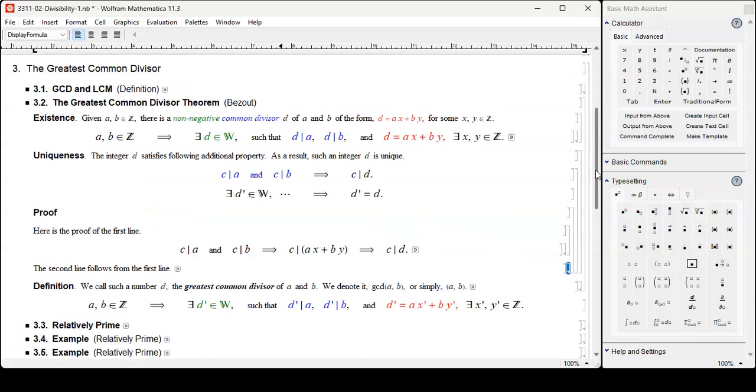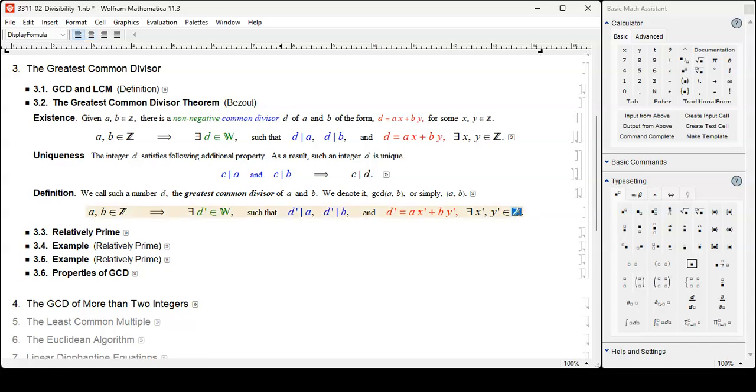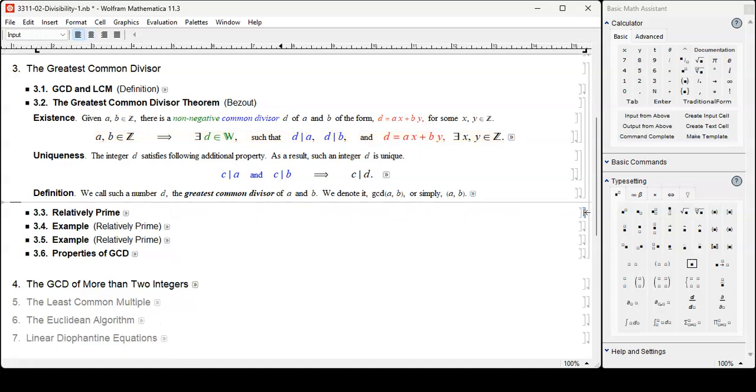So whenever you have a number that satisfies these 3 properties, number 1, whole number, green, number 2, common divisor, blue, and number 3, linear combination, red, then that number is the greatest common divisor, D. So we went through this uniqueness, so we don't need this anymore.